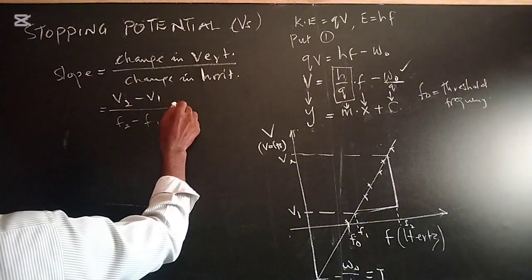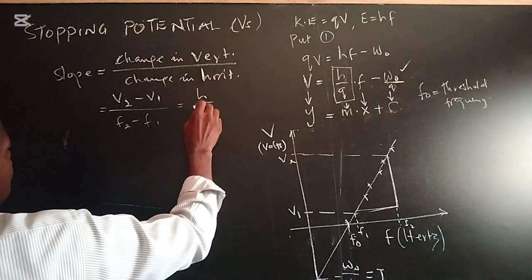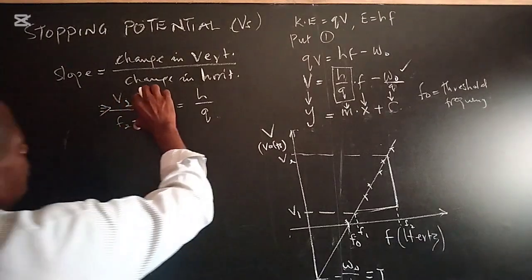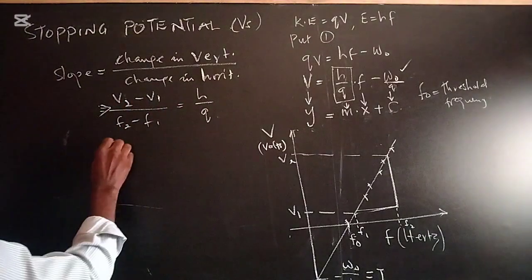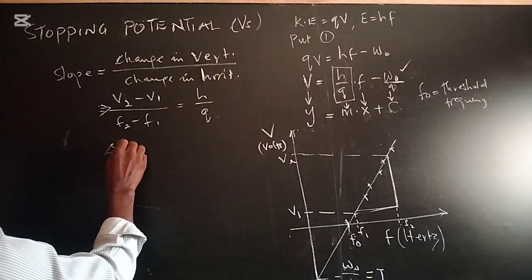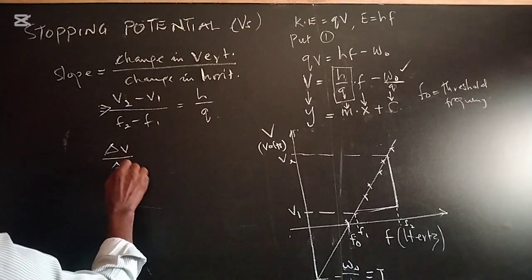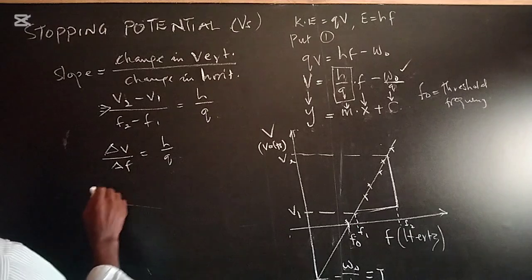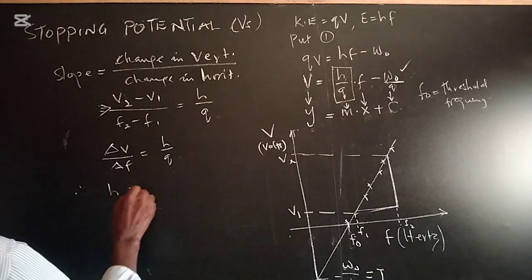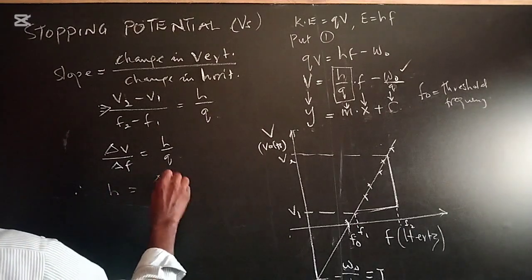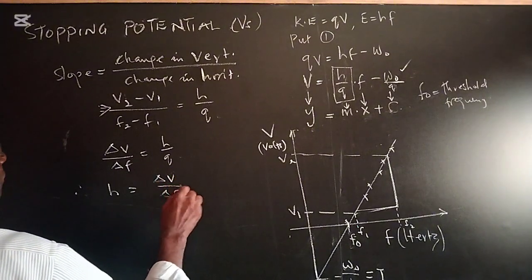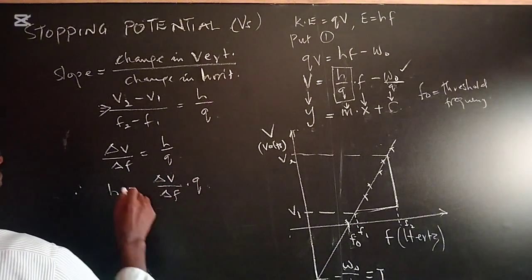This value is equal to H over Q. So the change in the PD over the change in the frequency is equal to H over Q. If you cross multiply, therefore the Planck's constant is equal to the change in voltage over the change in frequency times the electronic charge.